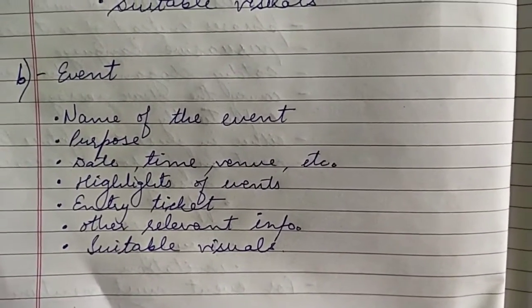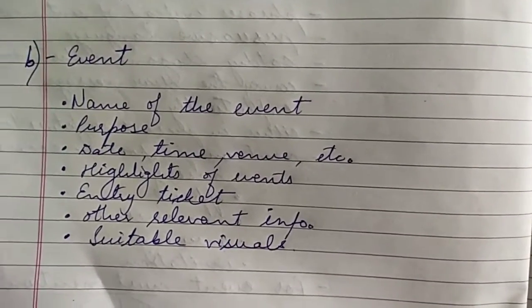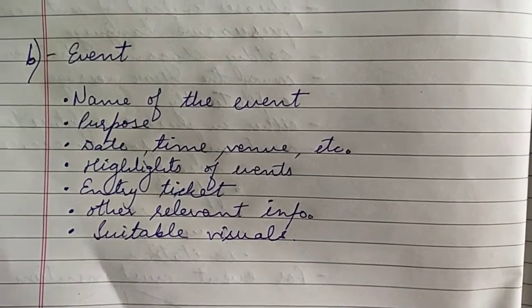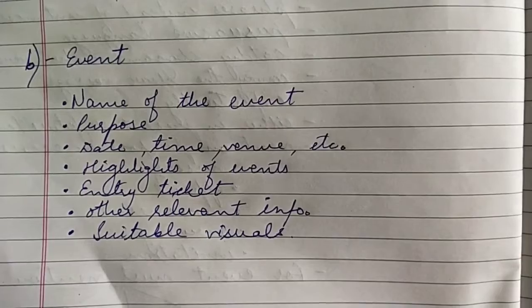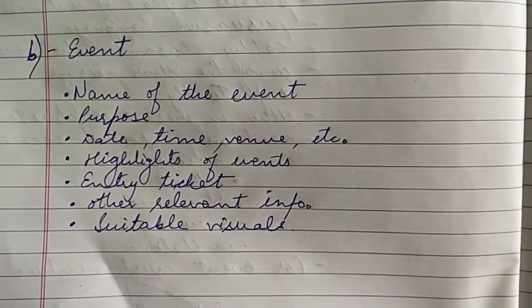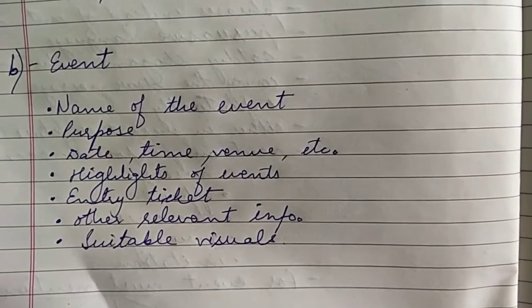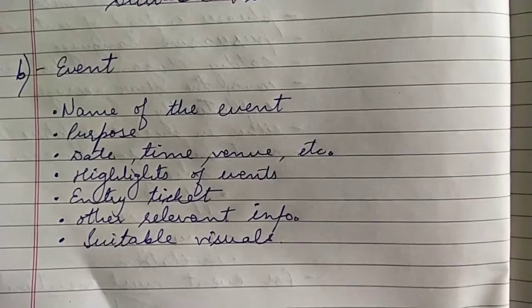Next is highlights of the event, the different events that are to be organized in that very event. Entry ticket, if it is a kind of fair or a public program, you can introduce a ticket for that. Other relevant information and suitable visuals.